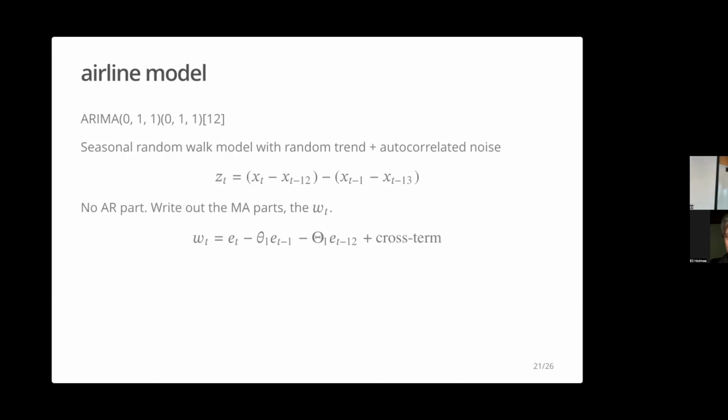It's called the airline model because it's passengers on airlines that they use this model for. And you can see it's got these differences. So they're modeling these seasonal differences, and there's no autoregression. All it has is these terms. So it's saying it's autocorrelated error.